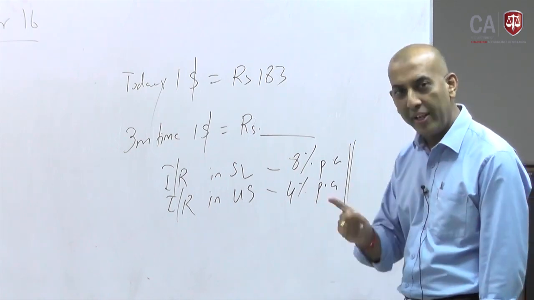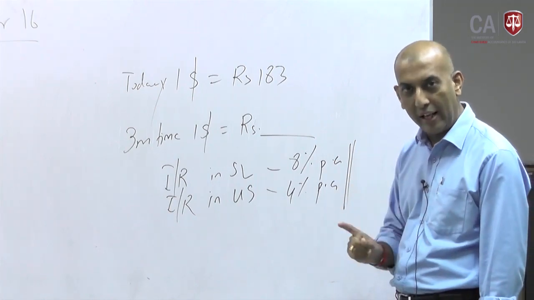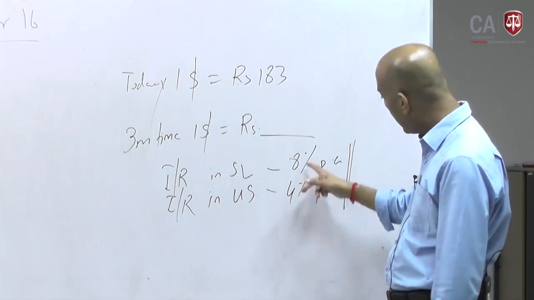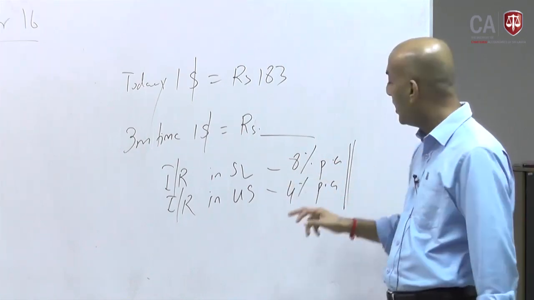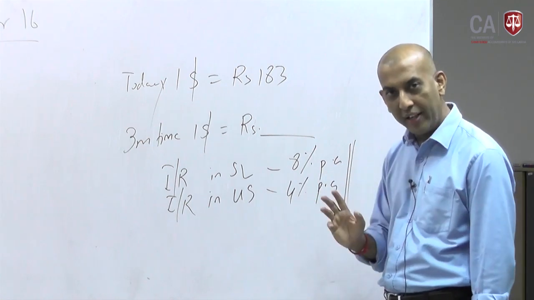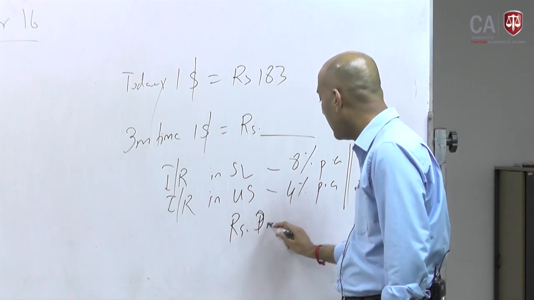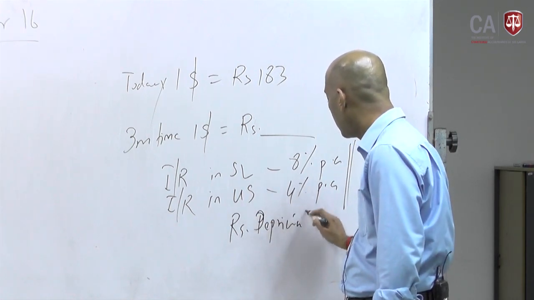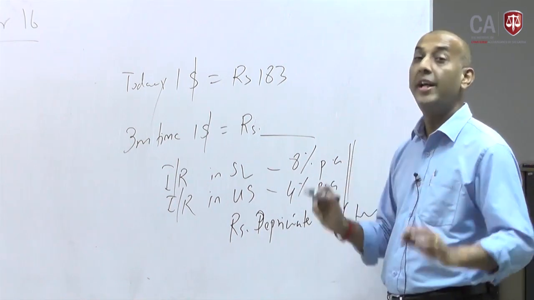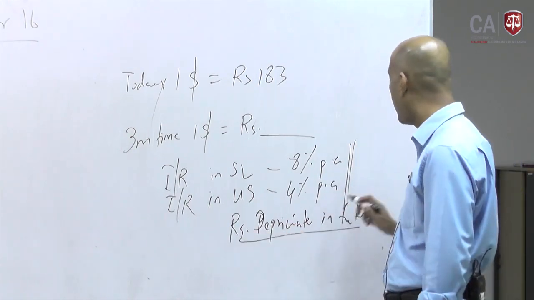If Sri Lanka has a higher interest rate than the US, in a future period, it can be 1 month, 3 months, 6 months, 12 months, if the interest rates of those respective periods in Sri Lanka are higher than the US, always and always the Sri Lanka rupee will depreciate in future. According to interest rate parity theory, if this is the only reason, the Sri Lanka rupee will depreciate in the future.